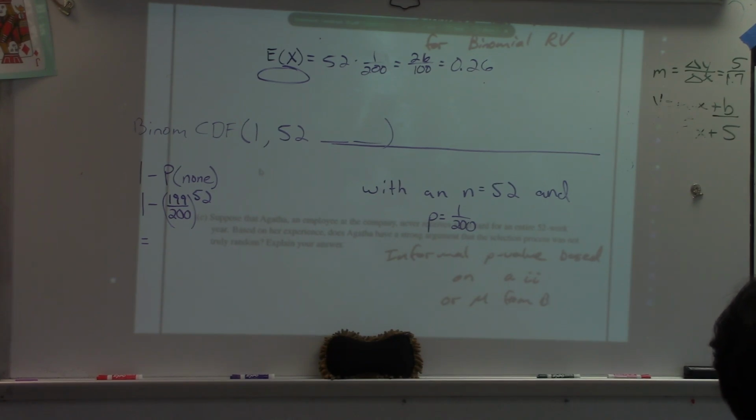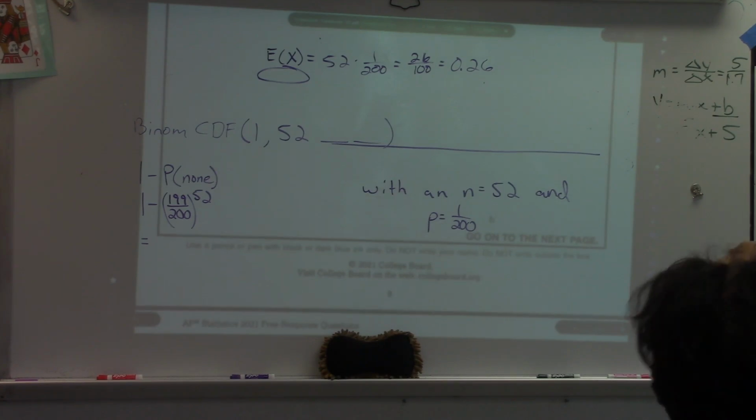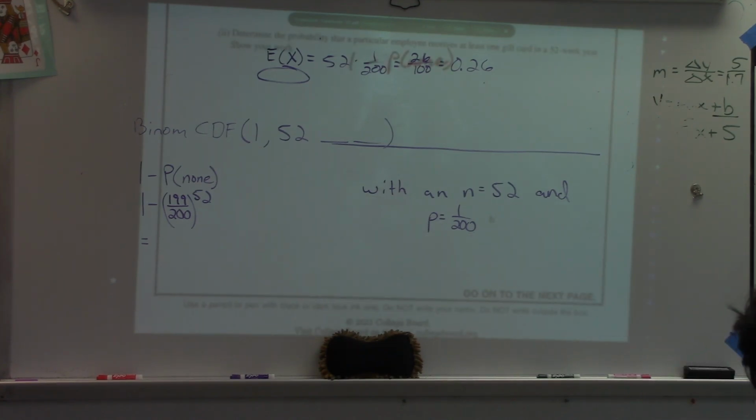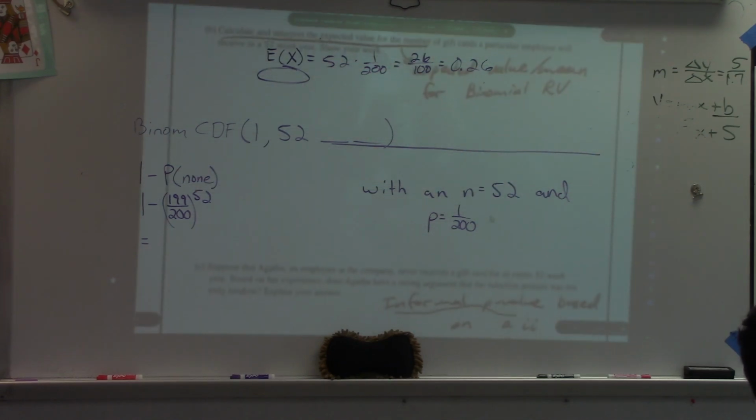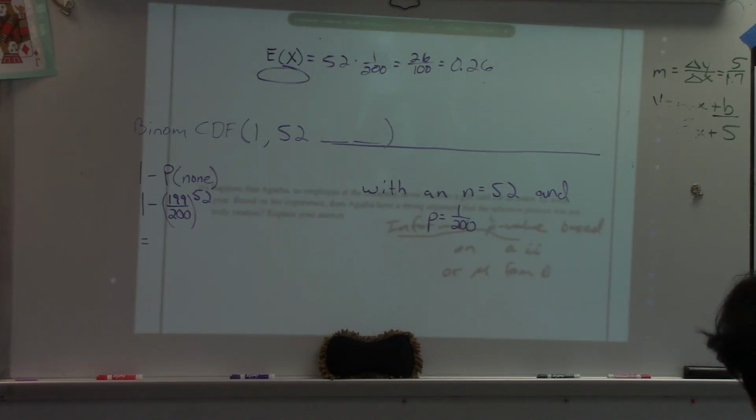I also like this informal p-value. We calculated the probability of getting at least 1, which is only 0.229 or something like that. That's not super likely, so you are not guaranteed 1.